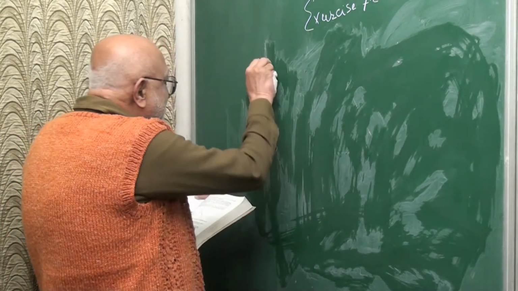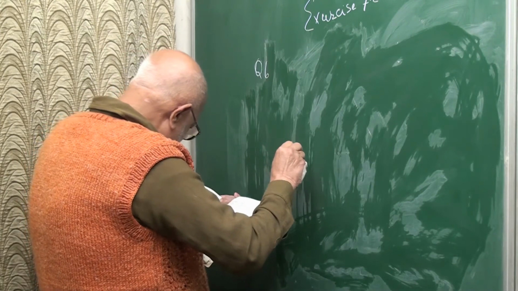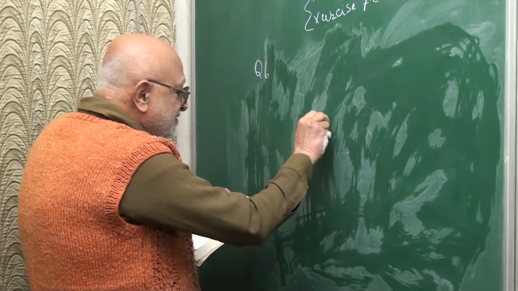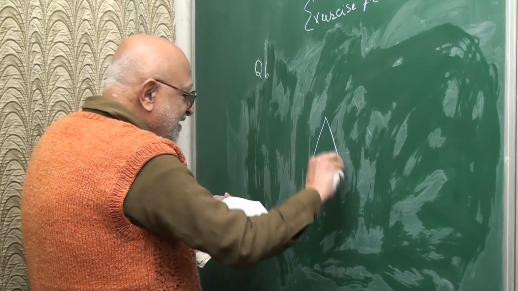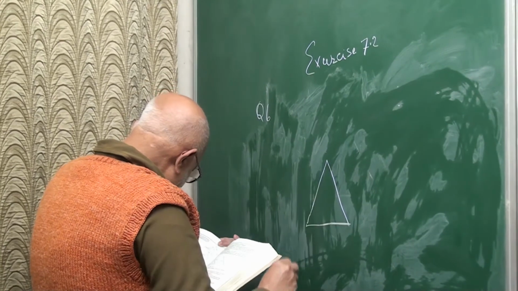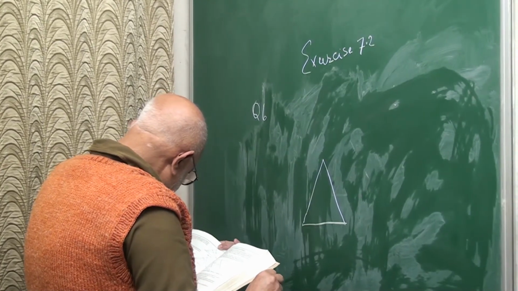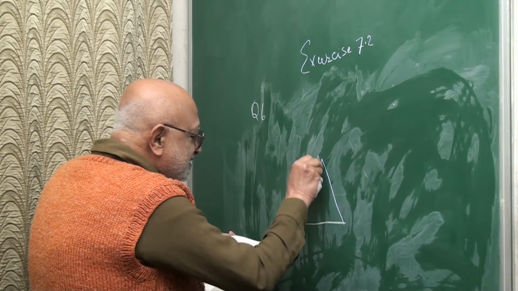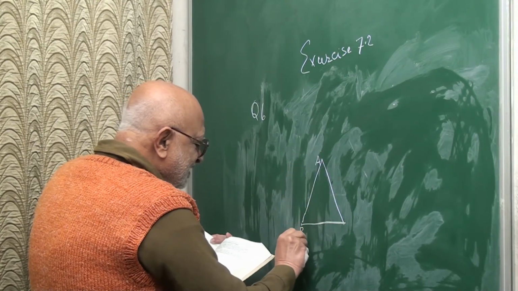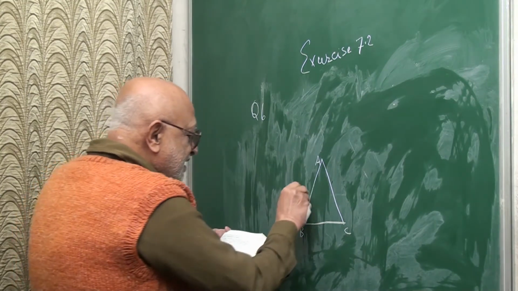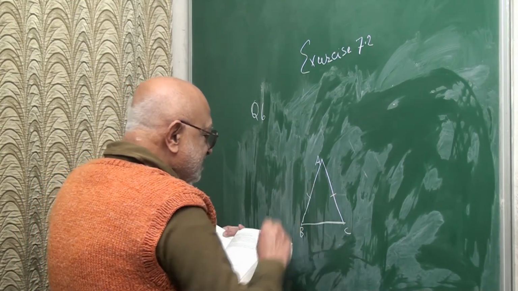This is question number 6. It says you have a triangle ABC. Okay, it's an isosceles triangle. This is A, this is B, this is C. This is an isosceles triangle, that means AB equal to AC.